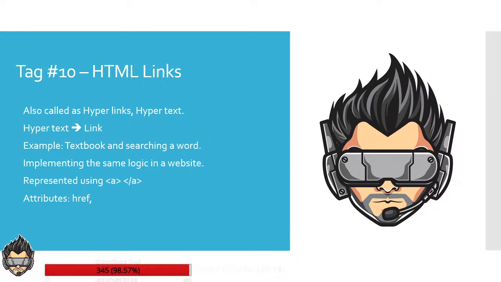Or what if you're searching for a chapter name, for example developer, in the textbook, and that chapter is on page 500? You go to the index, see where the developer is, and if it says page 500, you open page 500 to get the information. In that same way, we implement the same logic while developing a website.